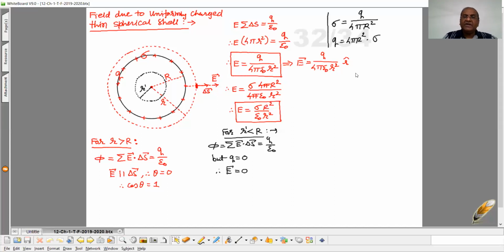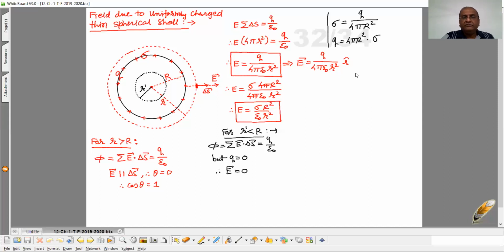So here we can understand this thing: this entire spherical charge distribution behaves like a point charge concentrated at the center of the spherical shell for any point which is outside the shell. Clear to all of you?